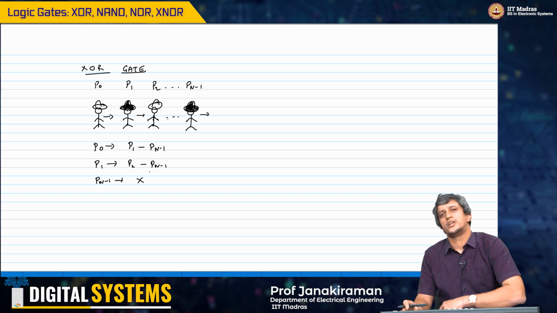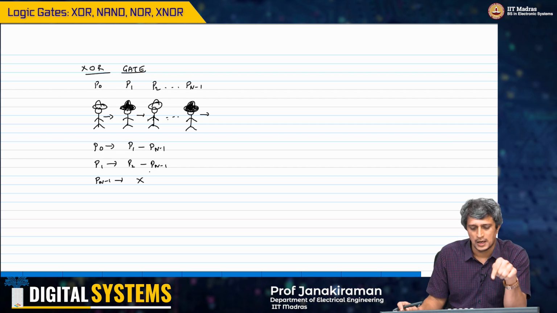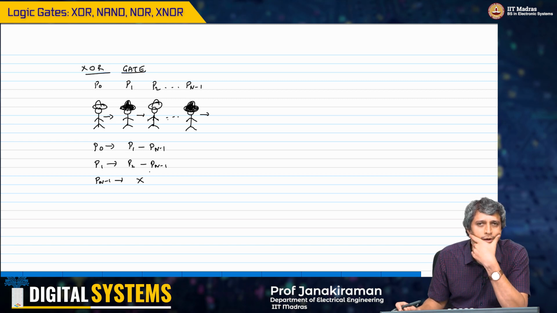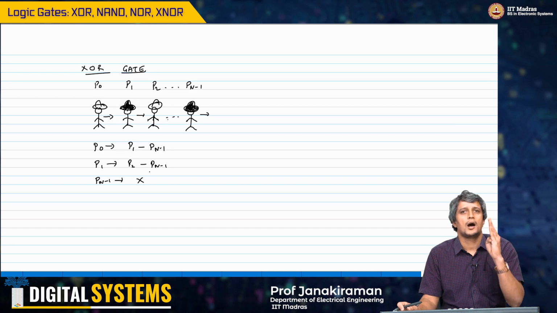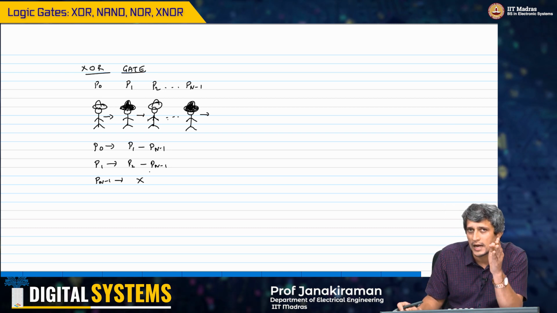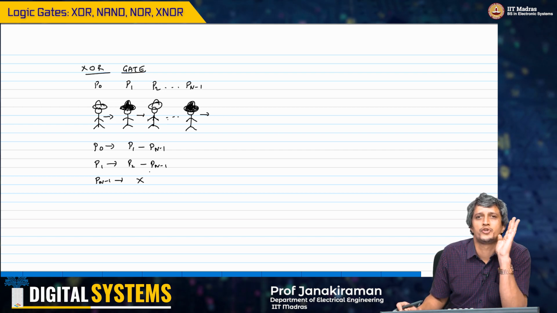So now the jailer says the game is as follows. They will start from P0 and ask the color of the hat on their head. So what is the color of the hat that you are wearing? If P0 gets it right, he will not be shot.